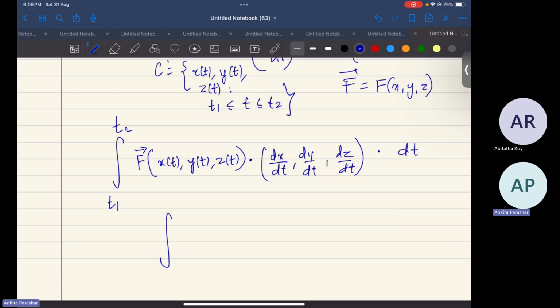Now, can you tell me what this is finally? Suppose F has components f1 i cap, f2 j cap, f3 k cap. The second component can just be written as r dash t. Yes, exactly.